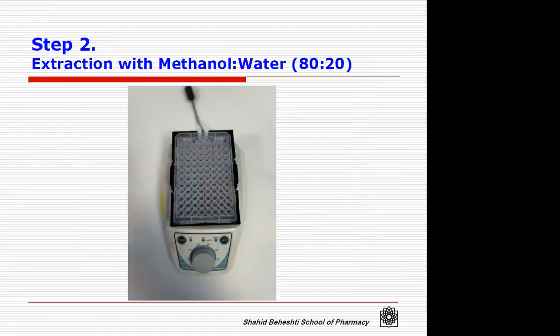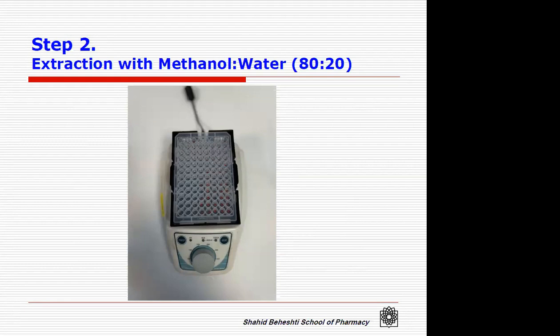So in the next step, we just add enough methanol water at the ratio of 80:20 to each well, and we extract the sample for around 20 to 30 minutes by shaking it on a vortex shaker. And all the components of the blood, including those biomarkers, are extracted into methanol.